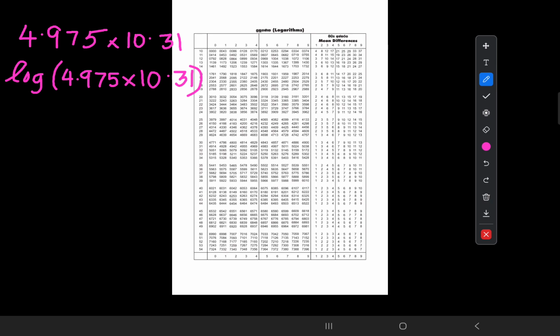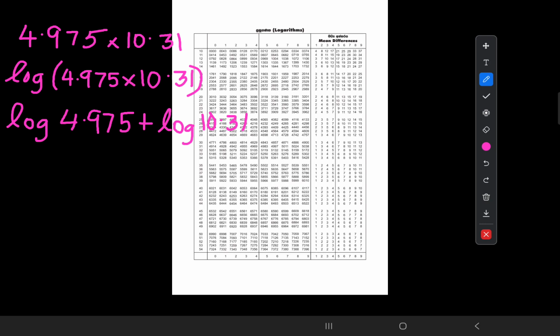So the multiplication inside the logarithmic will become an addition of two different logarithmic values. So I will write that one: log 4.975 plus log 10.31. What I did was just expand the multiplication inside the log by using the logarithmic law. Outside it would be the addition of two different logarithmic values.